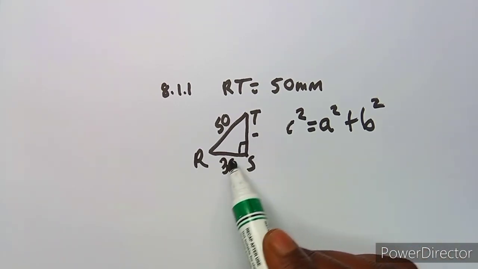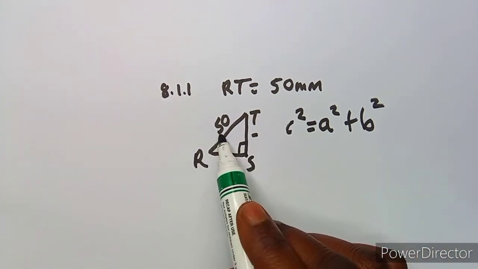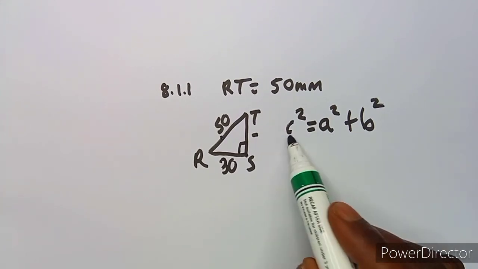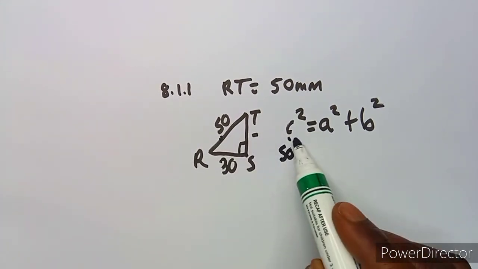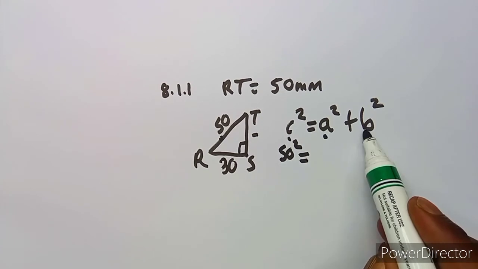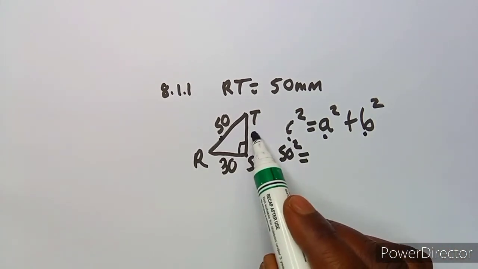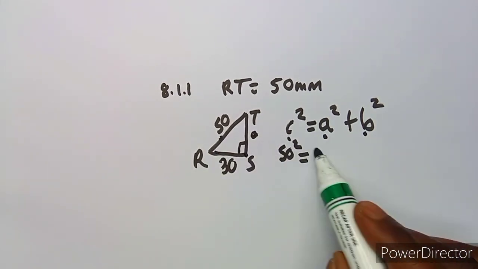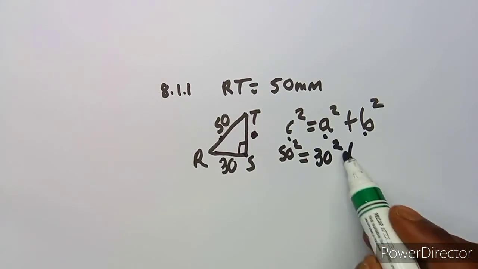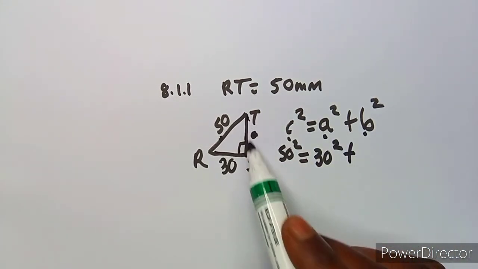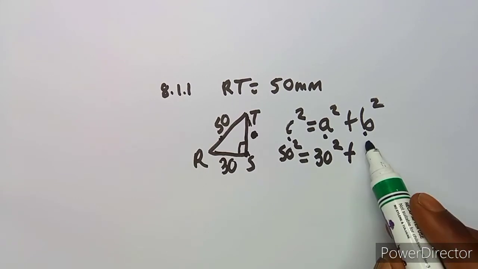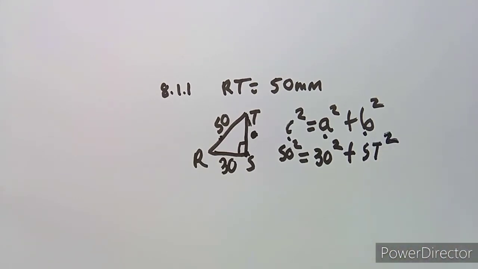You substitute 50 for the hypotenuse. So 50 squared is equal to 30 squared plus ST squared.